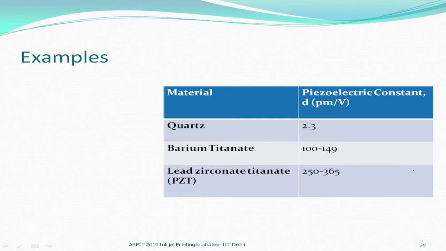Some examples are quartz, barium titanate, and one of the very interesting materials called PZT, lead zirconium titanate. The figures on this side show a displacement D, that is displacement in picometers per unit volt.